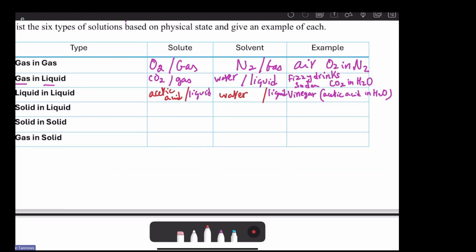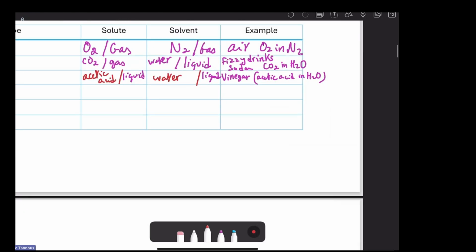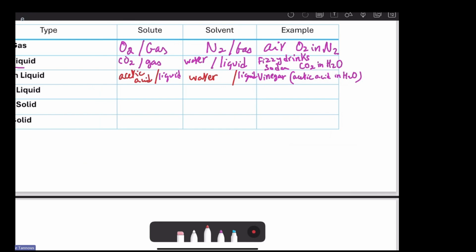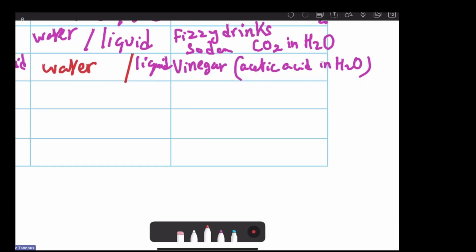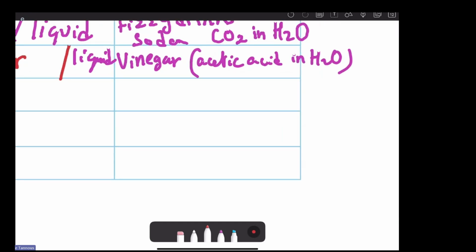Solid in liquid. Any solid solute you dissolve, and it can dissolve easily, like salt in water, sugar in water. Any powder, when you make juice, is a solid solute. Copper sulfate in water. Let me write this.